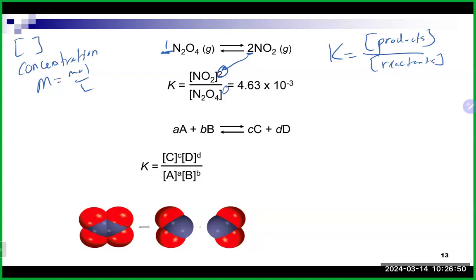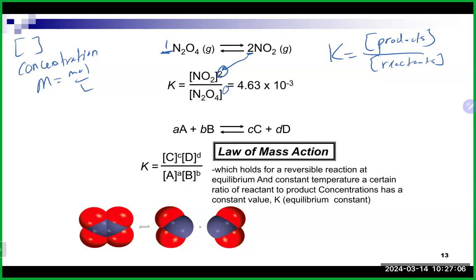So the concentration of NO2 squared divided by the concentration of N2O4 equals 4.63 times 10 to the minus 3. The number's not that important right now. In general, the way that you write your equilibrium expression is you take your products over your reactants, and you take the coefficients as those exponents.